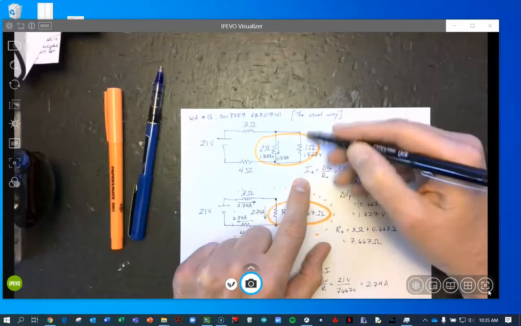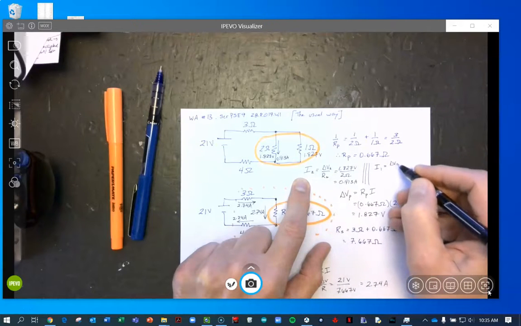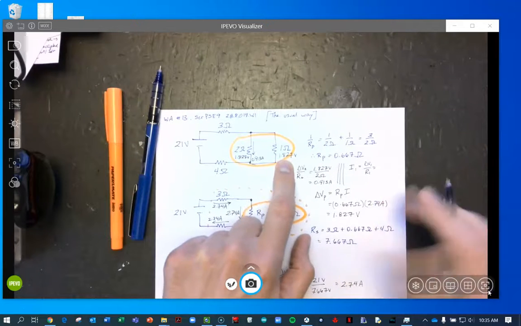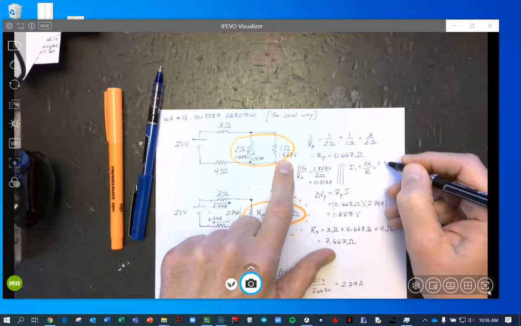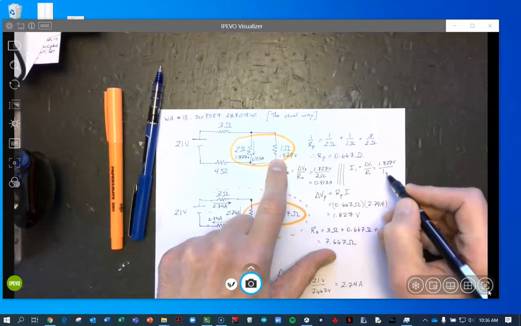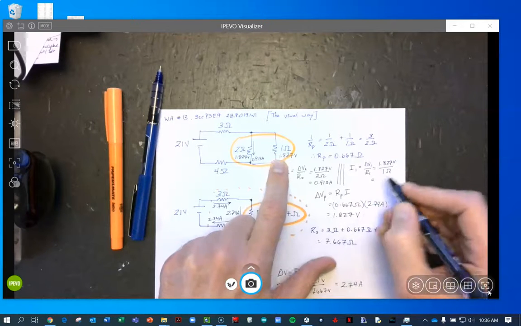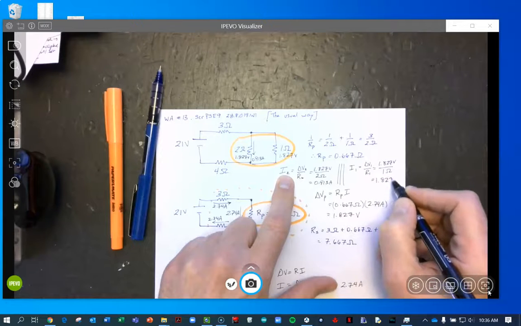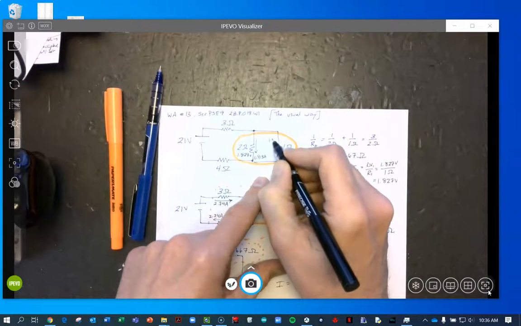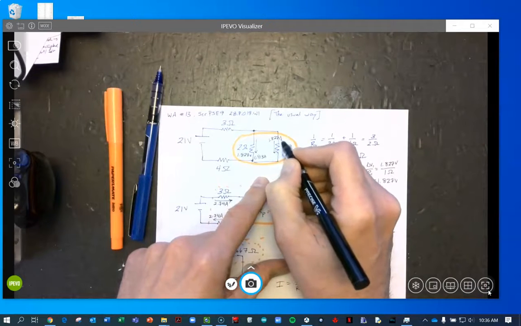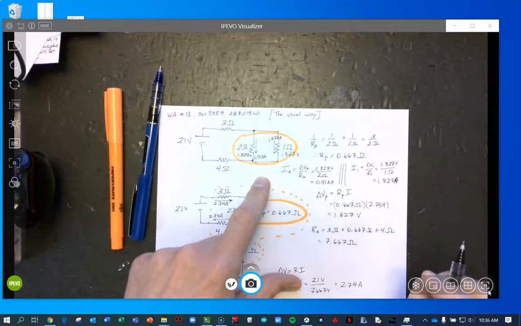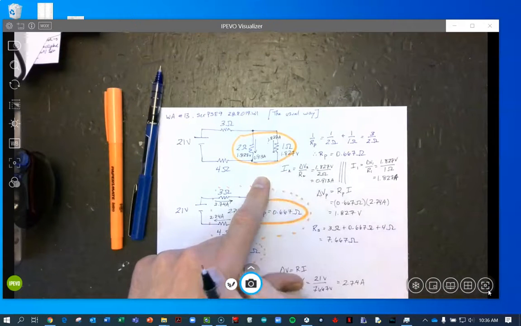Then we can do the same calculation here. I1, the current going through the 1 ohm resistor, is delta V1 over R1. Delta V1 is the same as delta V2, and R1 is 1 ohm, and therefore the current here is 1.827 amps. Sorry, I said volts again.